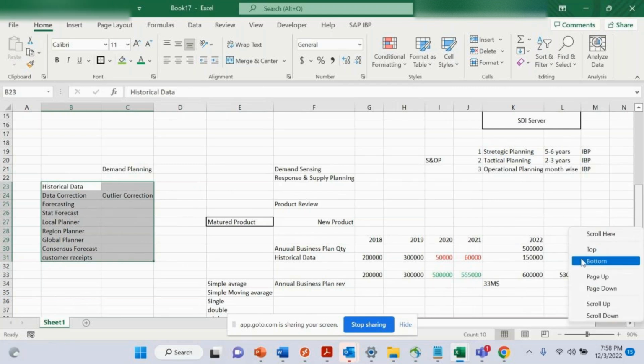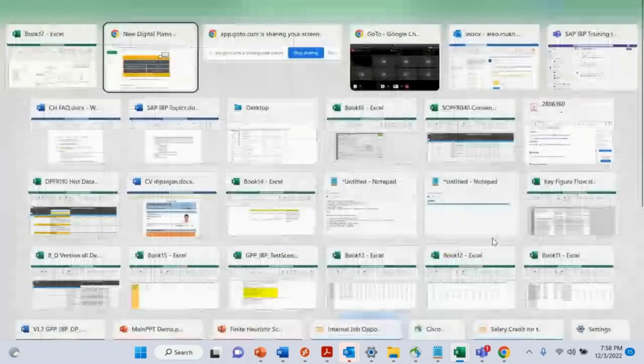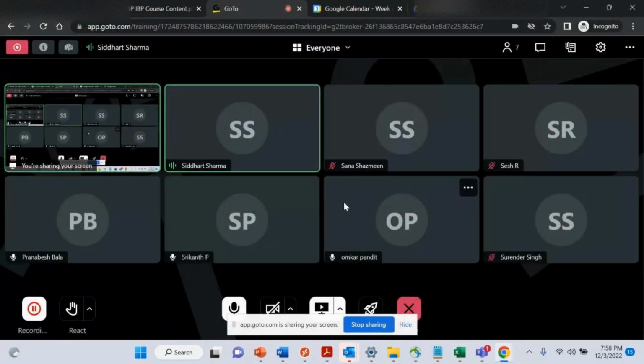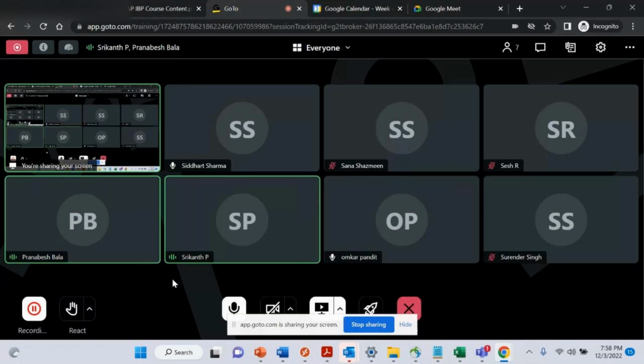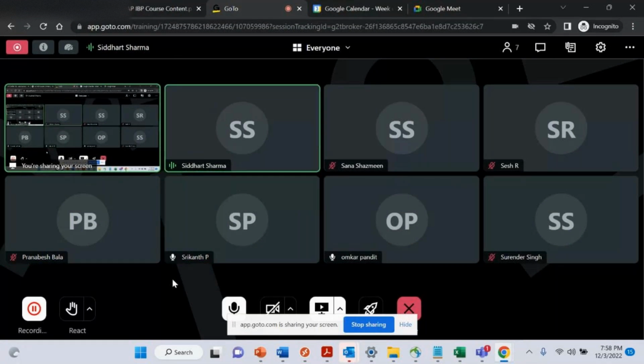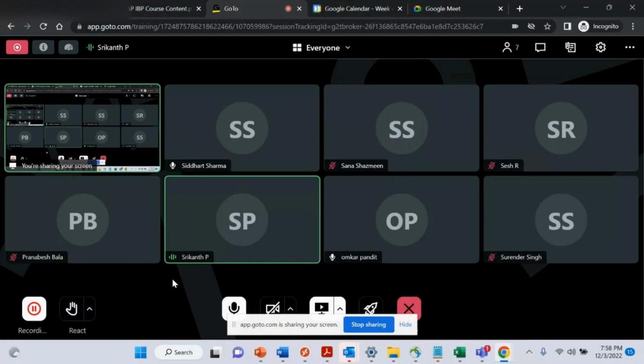I have one question. Yes, Srikant. I've got a few data points from what you are saying, but I just want to relate one more thing. From a CPI-DS perspective, I'll be loading master data and transaction data, for example from ECC or S4 to IBP.